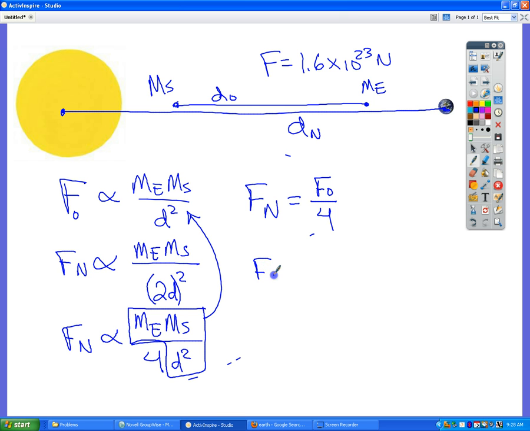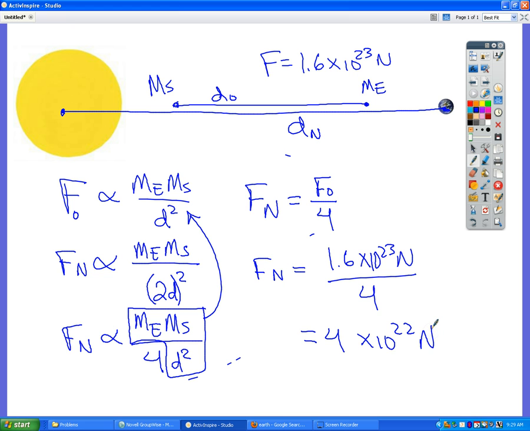If we plug all our numbers in, the new force will be equal to the 1.6 times 10 to the 23rd newtons, and then we need to divide that force by 4, and we end up with 4 times 10 to the 22nd newtons. And that's what would happen to the forces. It would go down by a factor of 4.